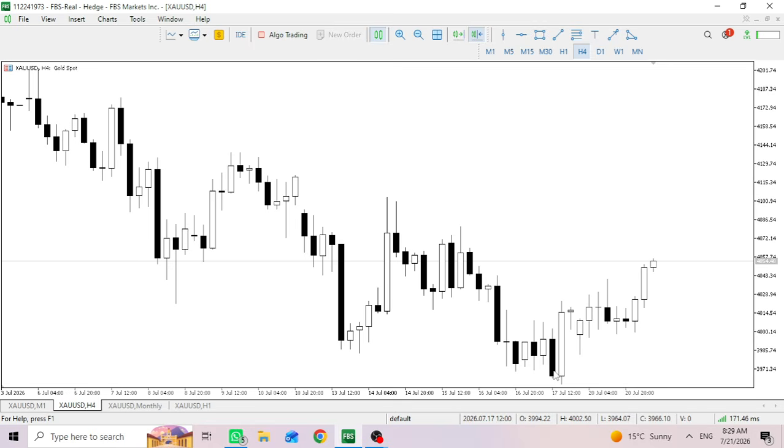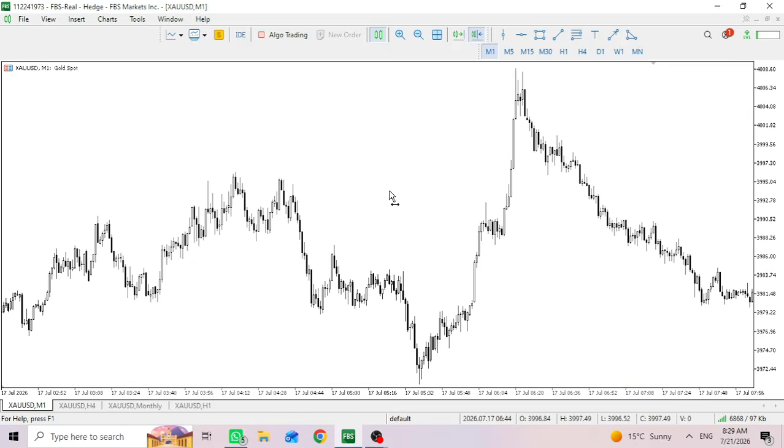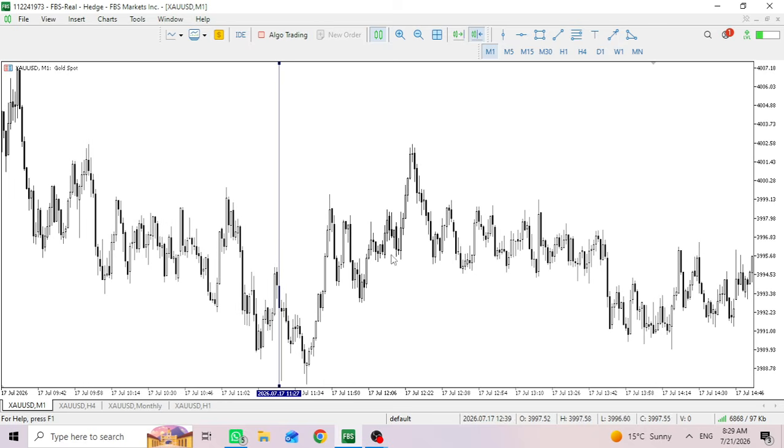I haven't even checked. So let me go to 12:00, date 17. I'll click a 1 minute chart here, and this is the 17th, 12:00. I might be wrong, though. Let's go and check. When the 12:00 candle opened, where?